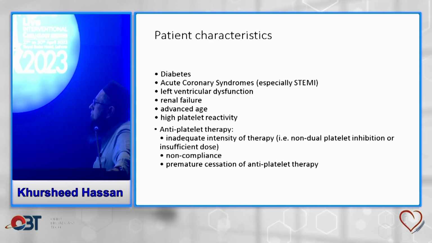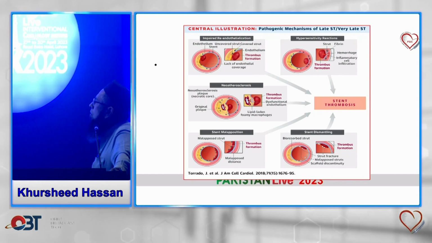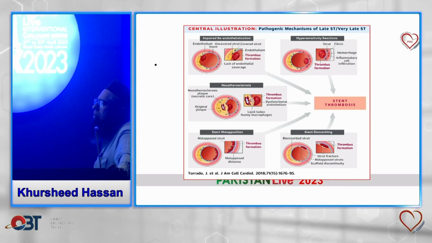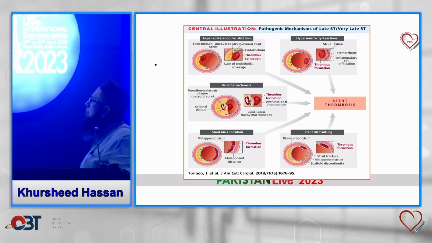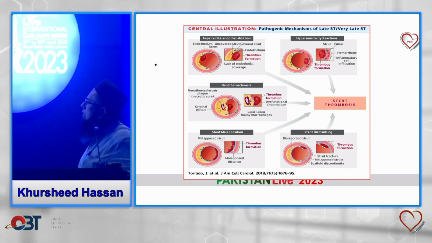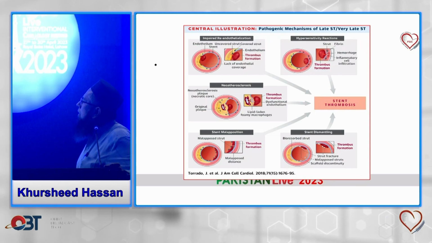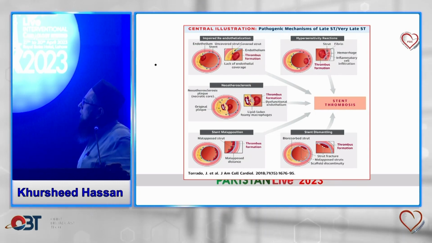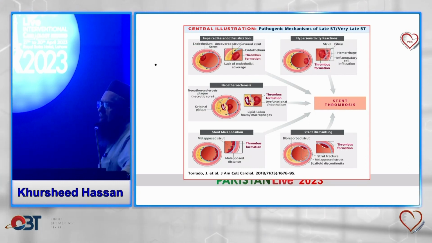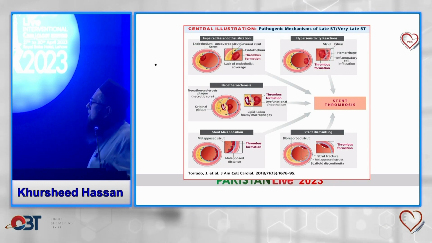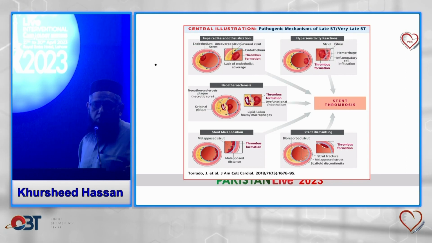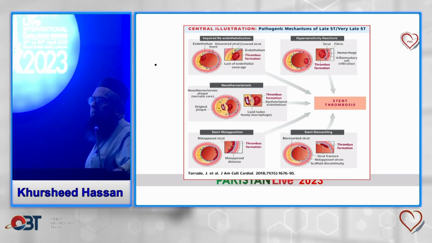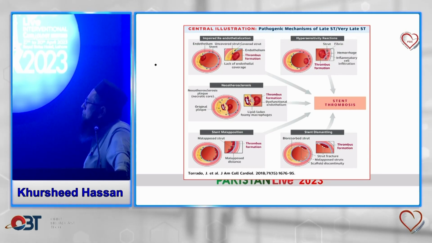Okay. Just a few words on late stent thrombosis and very late stent thrombosis. A lot of these factors can contribute to this. Main is new atherosclerosis, which occurs after 1 year, and more so in DES as compared to BMS. They can present, in fact, as STEMIs because they have plaque ruptures, and they can present as de novo plaque ruptures.